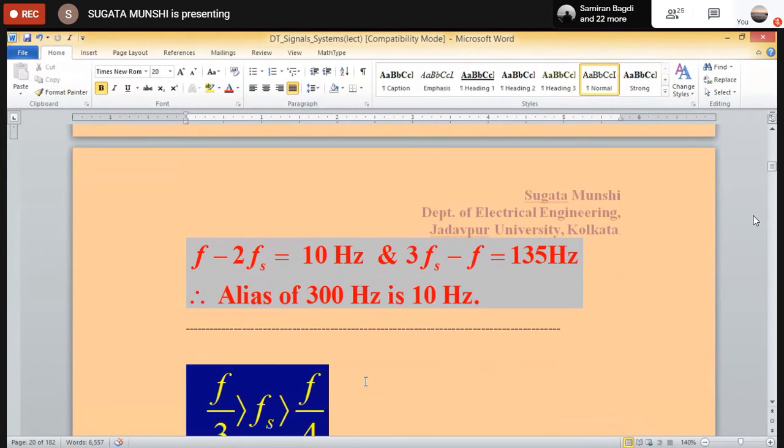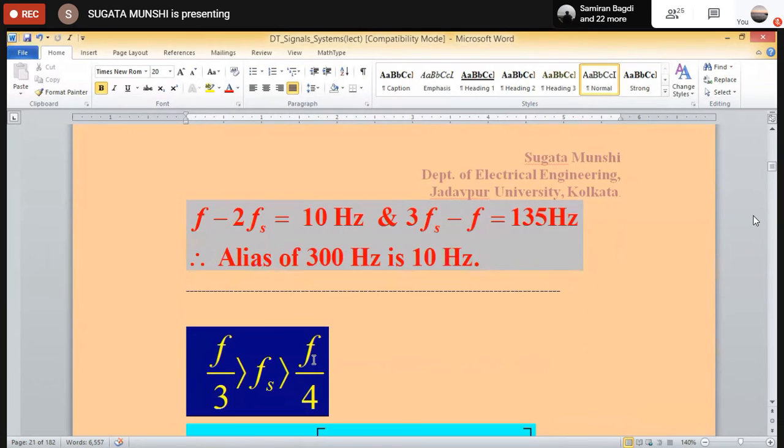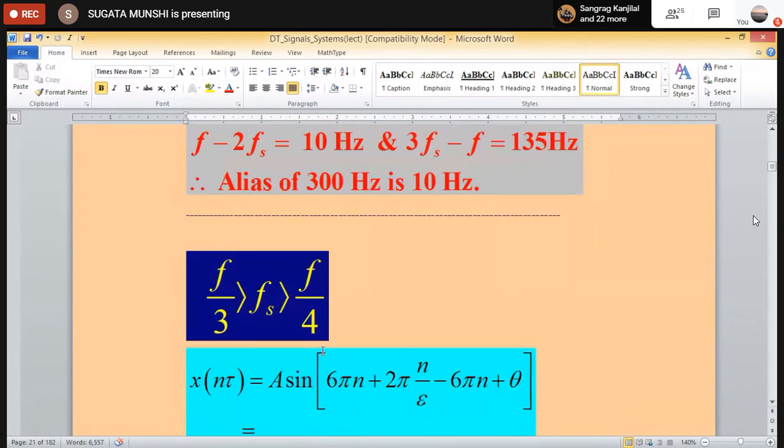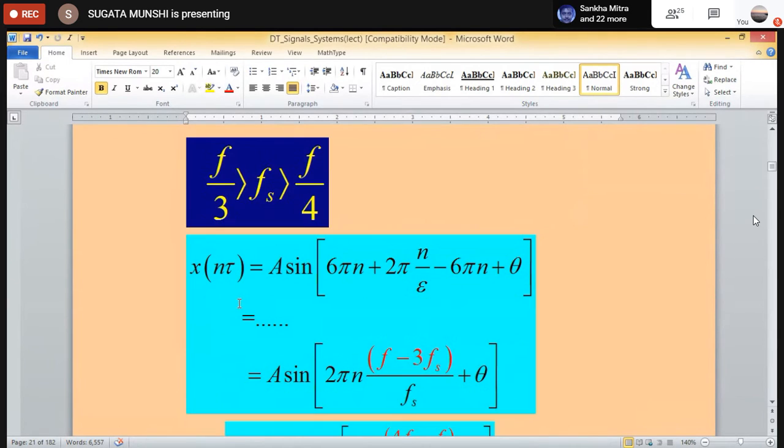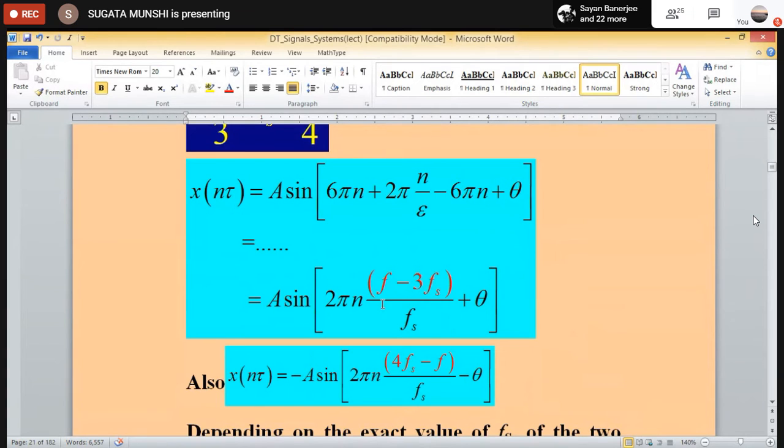You need not write this sub-range. I am just explaining, it will be clear to you. When fs lies in this range, f by 4 to f by 3, what will happen? To obtain the minimum frequency, in the expression I am adding 6 pi n and subtracting 6 pi n, thereby getting a sinusoid with frequency f minus 3fs.